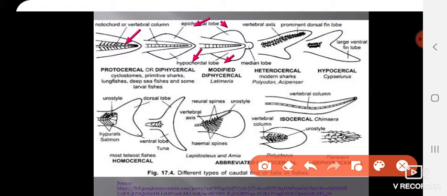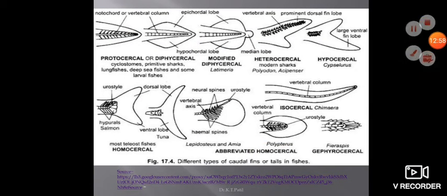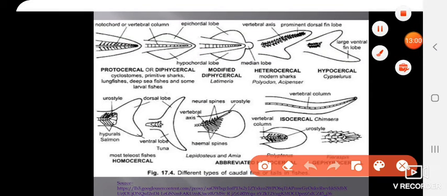See the another type, heterocercal. Hetero means unequal tail. It is a characteristic of chondrichthyes fish, or shark. Shark showing a heterocercal tail. In this case, observe the vertebral column, the vertebral axis.